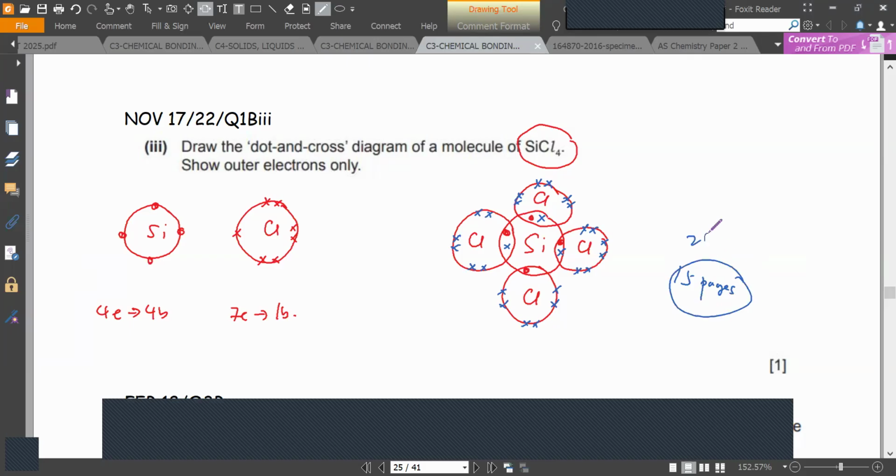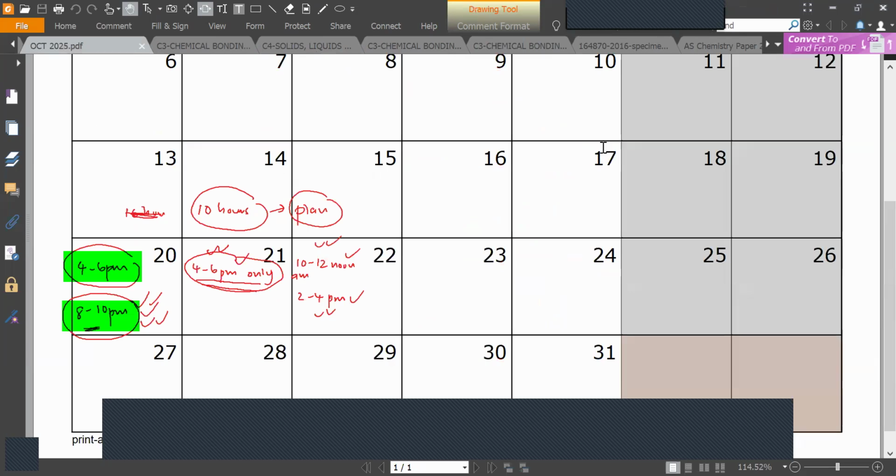We still have around 25 pages. According to our plan, we have done 3 classes so far, so we still have another 2 tomorrow morning and tomorrow afternoon.